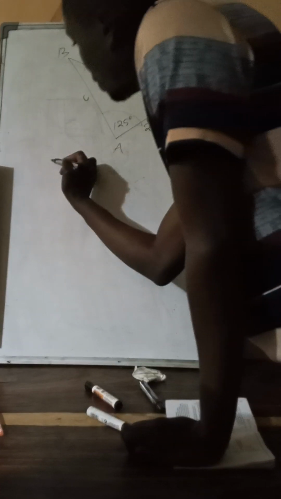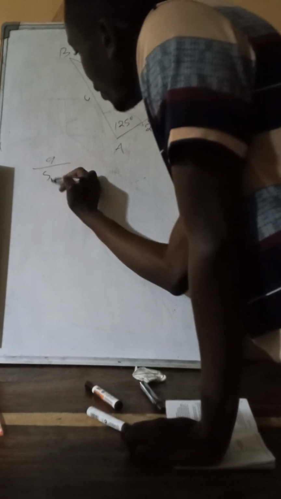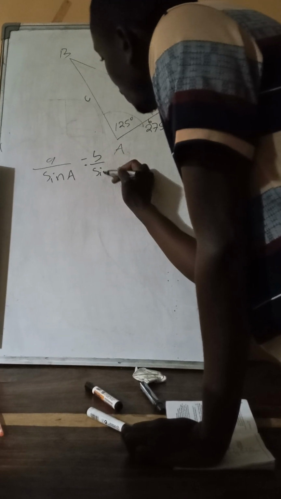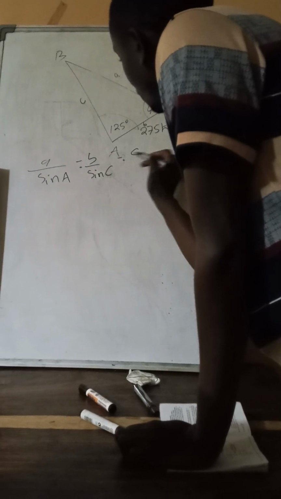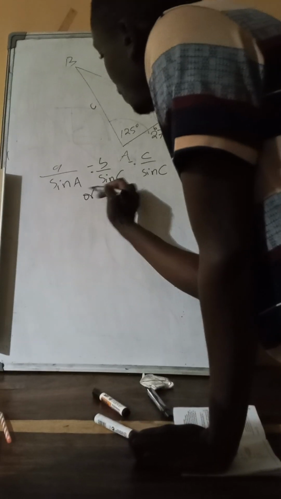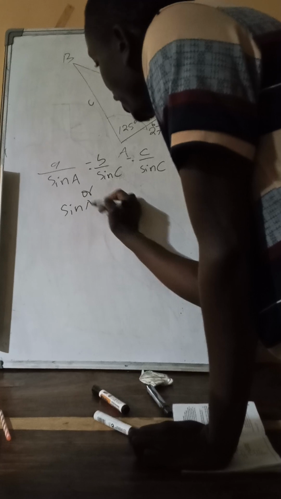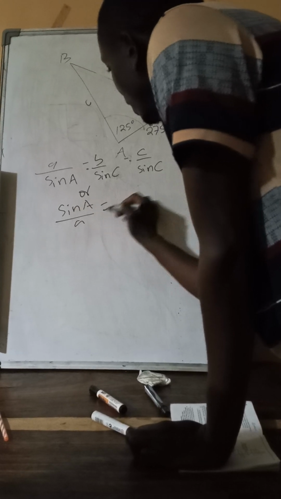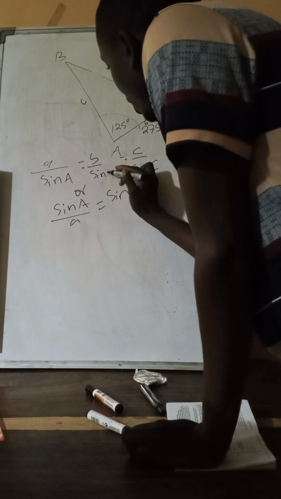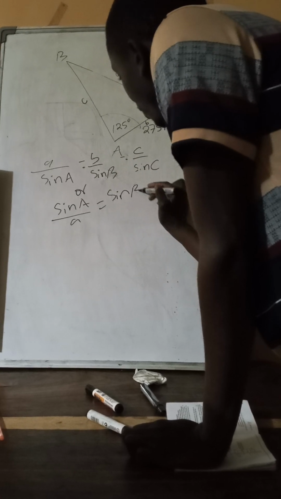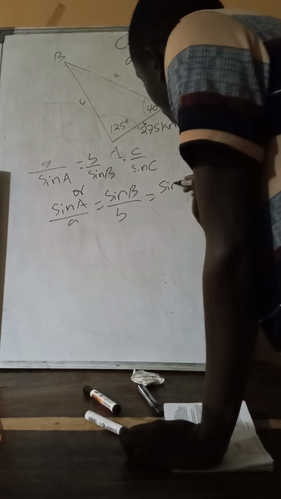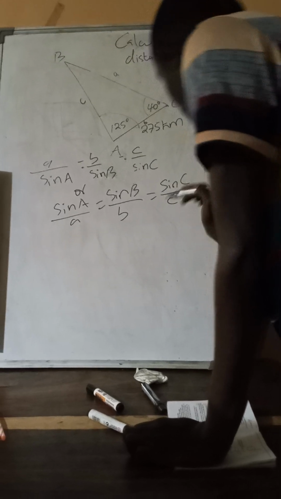So now we are using sine rule. In sine rule, we use a over sine A is equal to b over sine B is equal to c over sine C. Or you can say sine A over a is equal to sine B over b is equal to sine C over c.